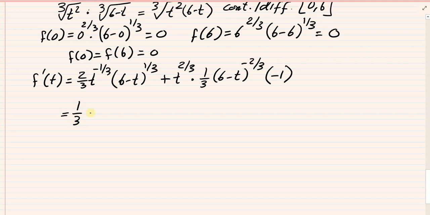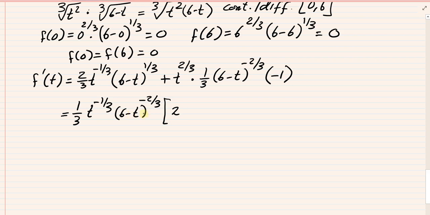So I'm factoring t to negative 1/3 from the first expression, and actually both of them have 6 minus t also, right? So let's do (6 minus t) to negative 2/3. Factor those negative exponents. Now factoring 1/3 from 2/3, that's going to leave me with 2. t to negative 1/3 factored.